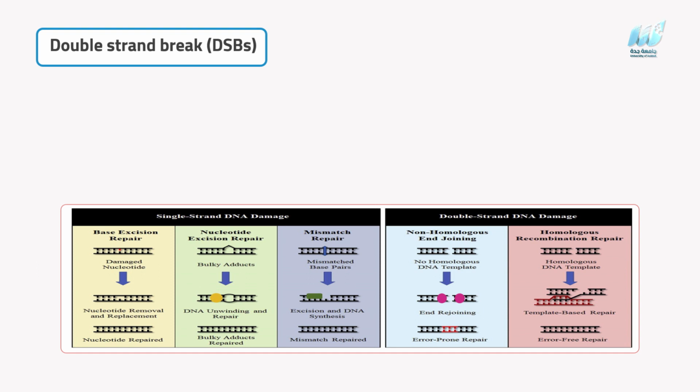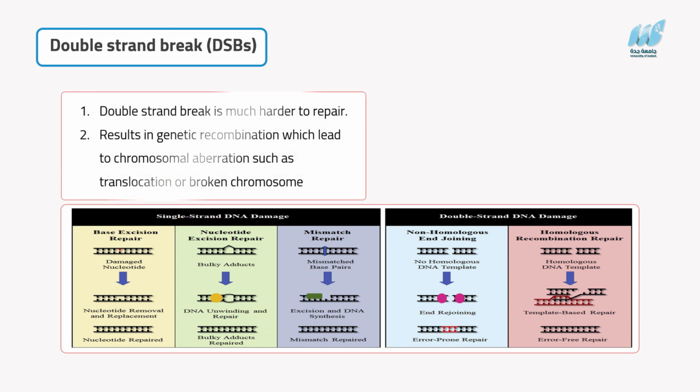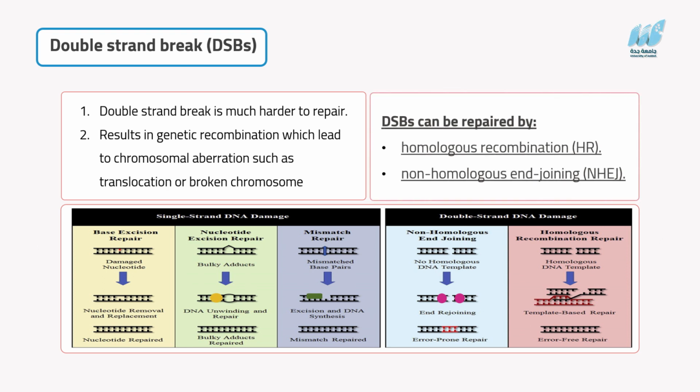The other type of DNA repair is for double-strand DNA damage, which is much harder to repair because the damaged helix has no template from which to copy and replace the affected bases and nucleotides. There are two major pathways that can repair double-strand breaks: homologous recombination and non-homologous end joining.